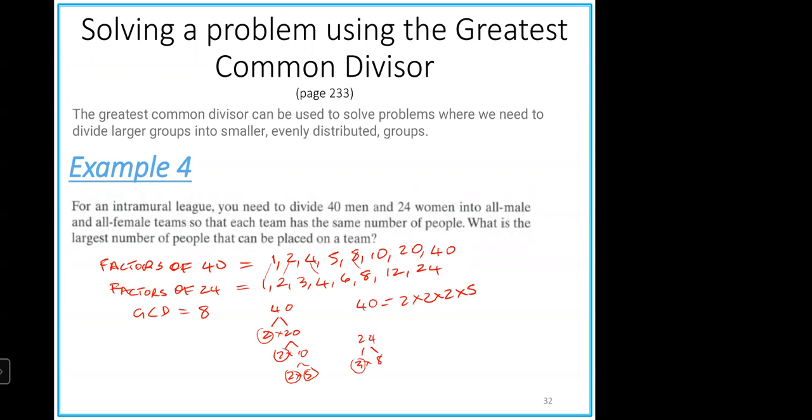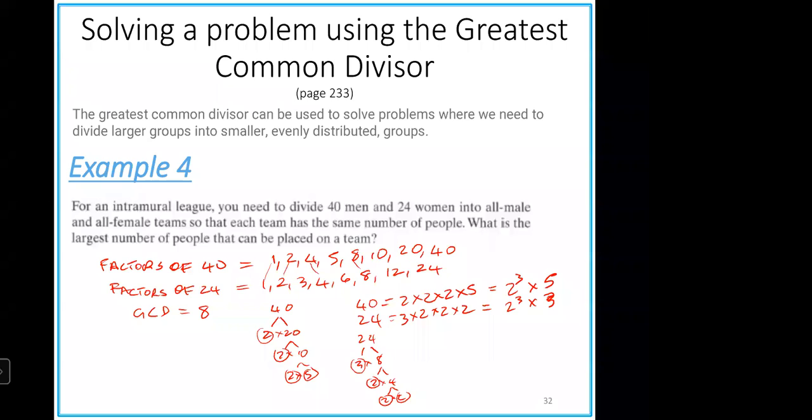This is prime. That's 2 times 4. That's prime. And then this would be 2 times 2. So 24 would be equal to 3 times 2 times 2 times 2. So 40 would be 2 to the third times 5. And 24 would be 2 to the third times 3.